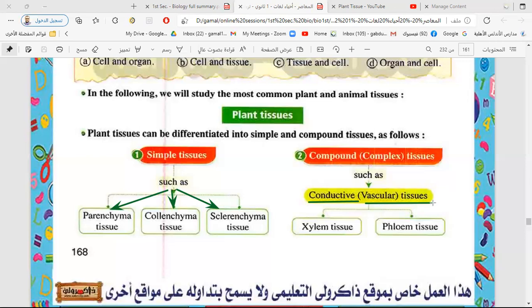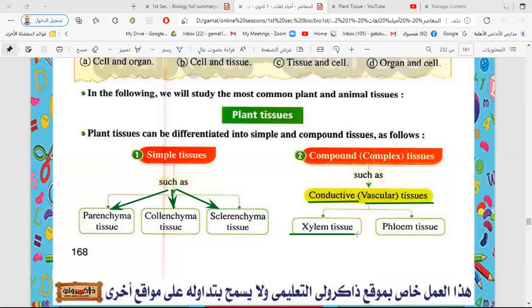And this is the function of the xylem. The xylem tissue is a tissue which transports what? It transports water and mineral salts from the root to the stem, then to the leaves, so the leaves can carry out the photosynthesis process. And after making the food in the plant leaves, there is food made, or sugar.